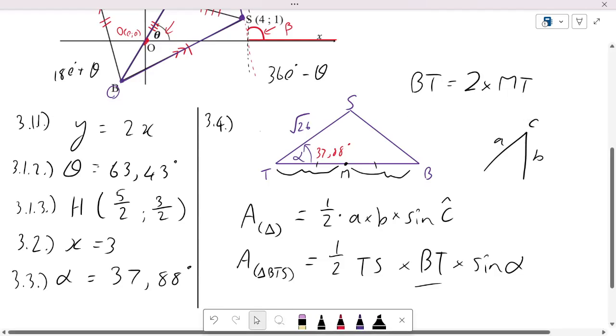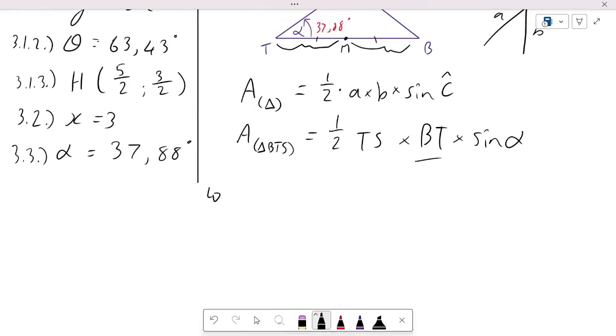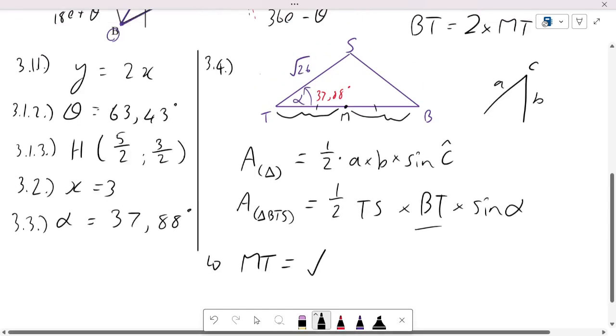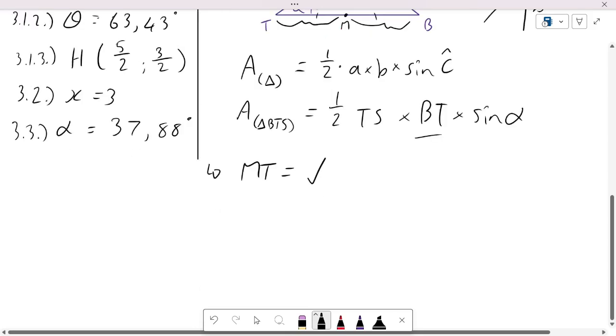So first of all, let's find MT, and then you'll see where I'm going with this. MT is going to be equal to the square root, because we're trying to find the length of MT. So we use the information we have. M is (1, 2), and T is (3, 6). We'll call this set 1 and this set 2.